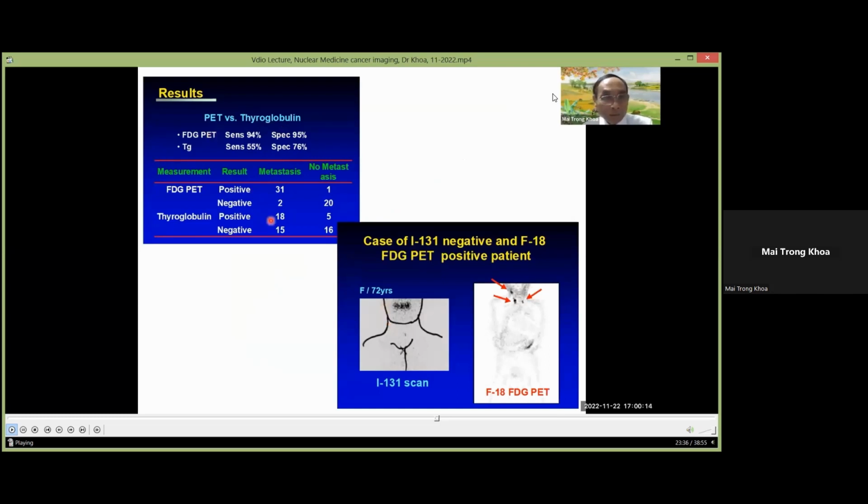You can see here. And PET also more easily detects recurrence and lymph node after treatment, while whole body scintigraphy with iodine is negative but PET-CT FDG is positive. You can see here.